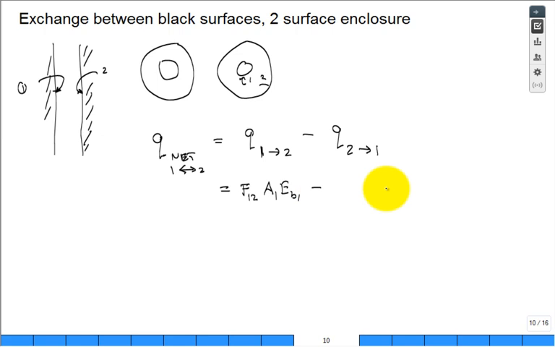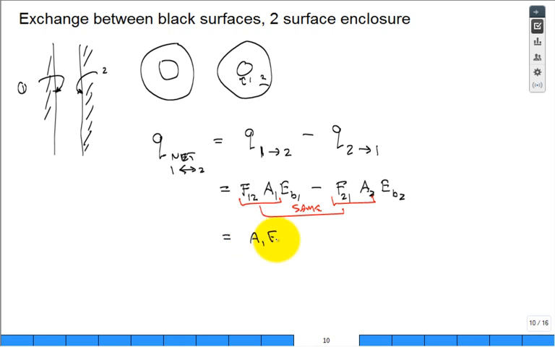We subtract off EB2 times A2, F2 to 1. And then we say to ourselves, from reciprocity, are these the same? Is A1 F1 to 2 equal to A2 F2 to 1? Yeah, they're the same. So what you can do is combine it, and you can say either one.